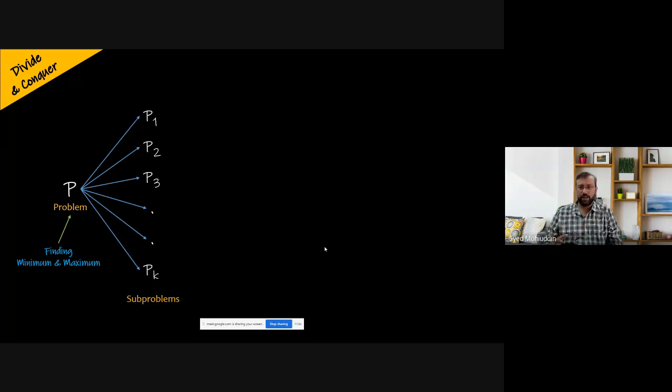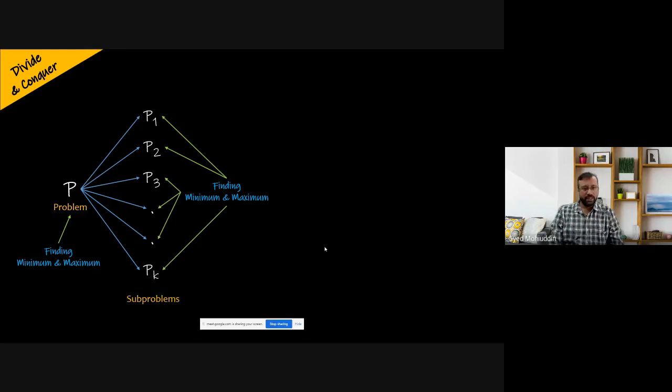P1 should also find the minimum and maximum from a small collection, and so should P2. So P1, P2, P3 are also problems of finding minimum and maximum.